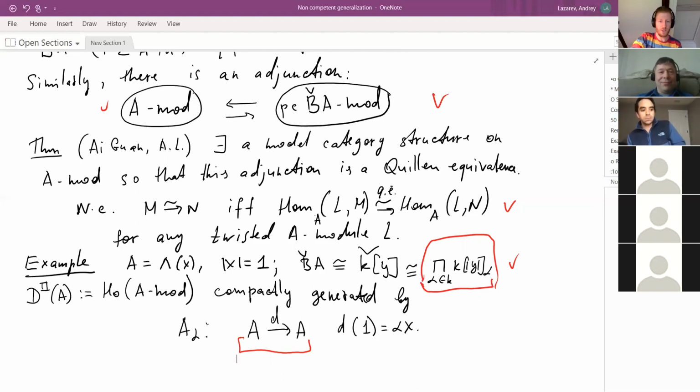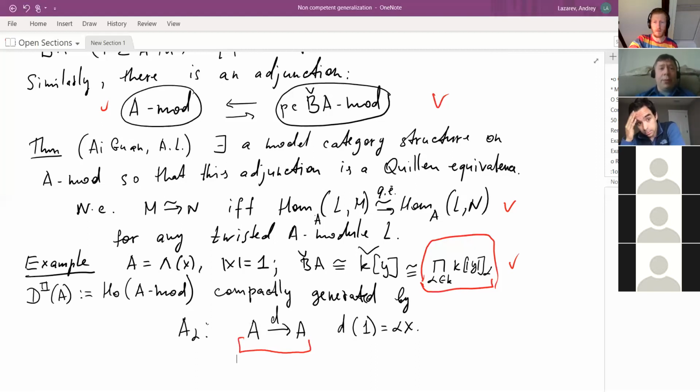Let's ask you some questions, Andrey. Can I start with a question? Does this theorem give the model structure from slide number 5, where you asked the question? Did I understand that right? Exactly. You mean infinity local systems and so forth?